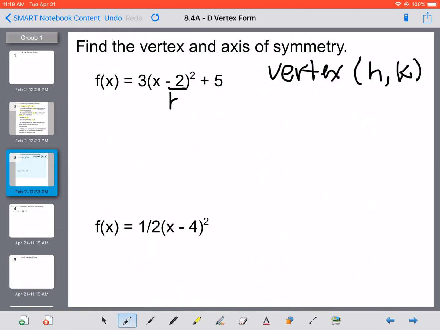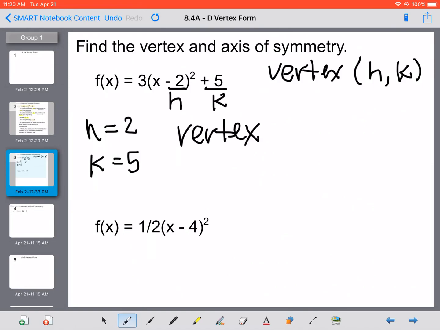Well, here is our H, and here is our K. So what I see with the H is a -2, but in reality, H is opposite of what I see, which means H is 2, and K is 5, which tells me that my vertex here is 2, 5. So it's the ordered pair 2, 5.